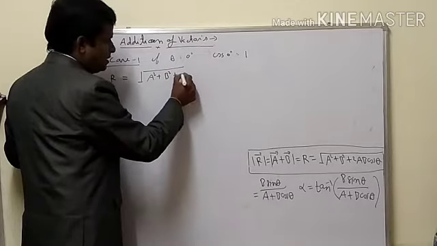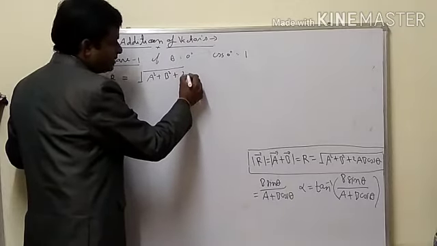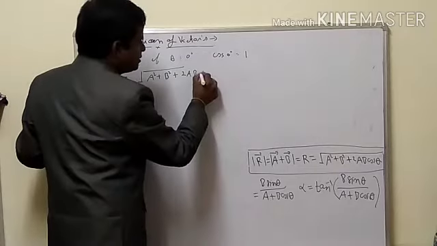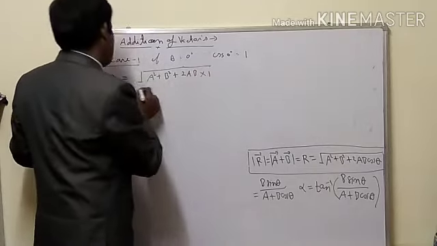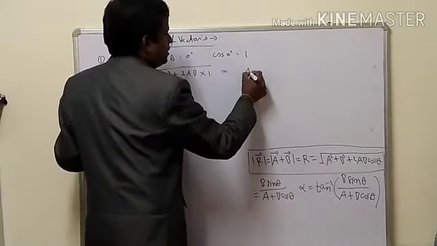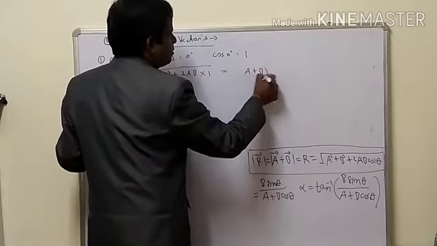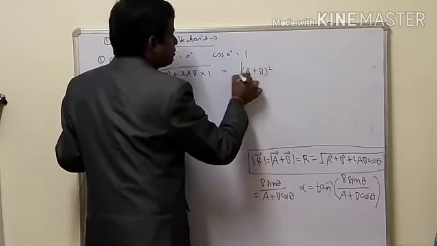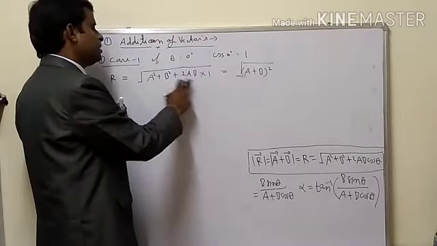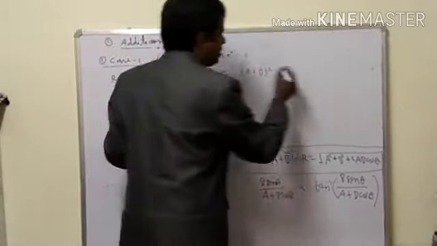2ab, cos 0 is 1. So after solving, it will become a plus b whole square in root. Why? Because a square plus b square plus 2ab will become a plus b whole square.